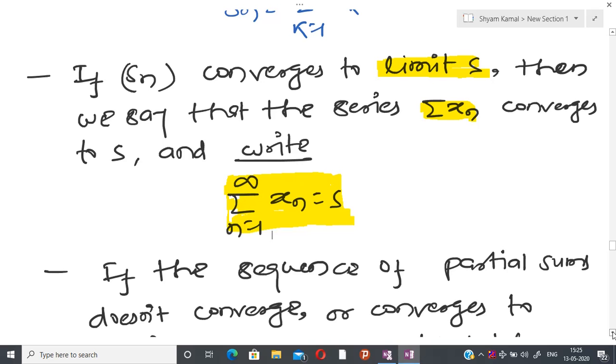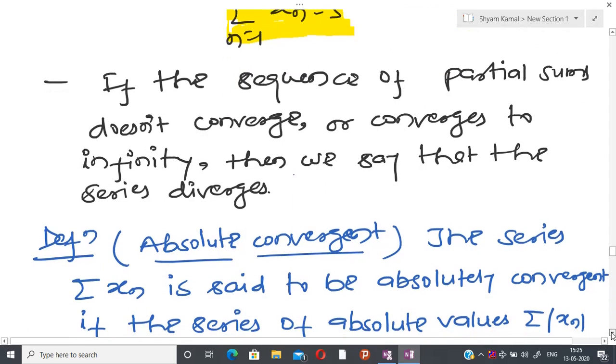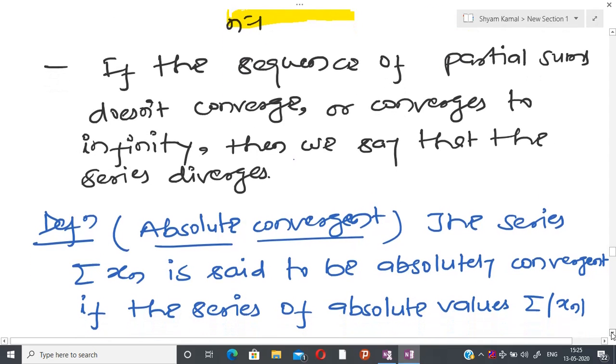And if the partial sum diverges, then we can say that the main sequence is going to diverge. So in this way, in the absence of a limit also, using partial sum one is able to give some kind of conclusion.